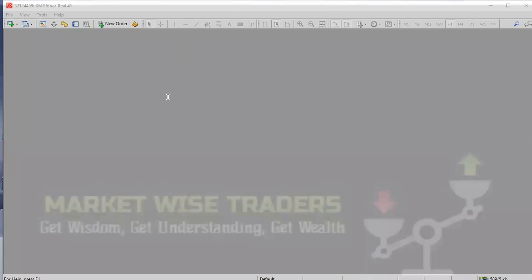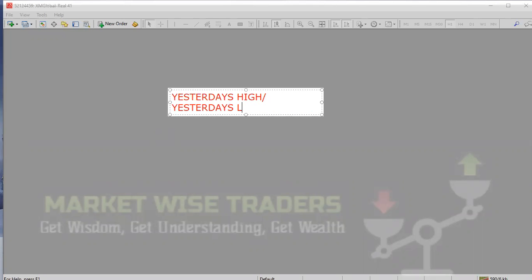So a lot of these traps happen at what you can also call pivot points, yesterday's high or yesterday's low, as well as what you can say high of the week or low of the week, right?